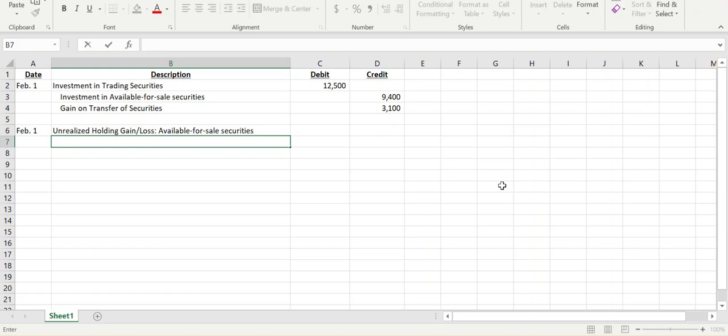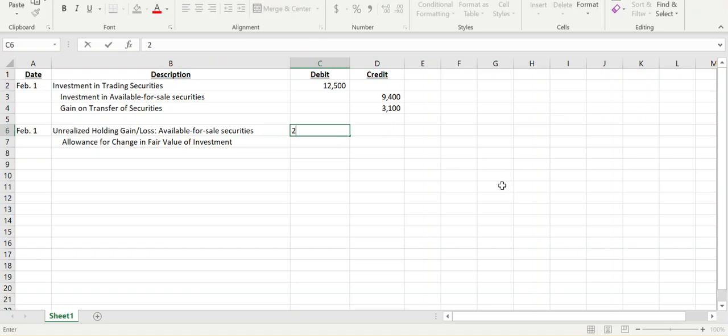So again, in order to reverse the impact, we are going to credit our allowance for change in fair value of our investment. And it's going to be for the difference between the two. So $2,300 is the difference between what our fair value was at December 31st at $11,700 and how much our investment was worth when we purchased it at $9,400.